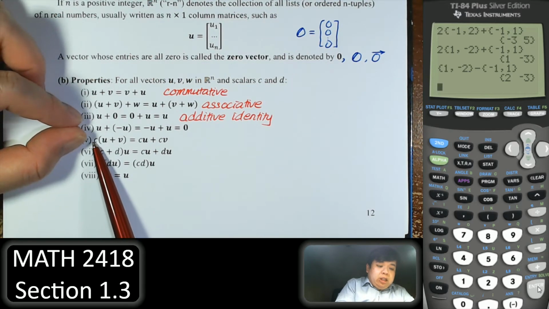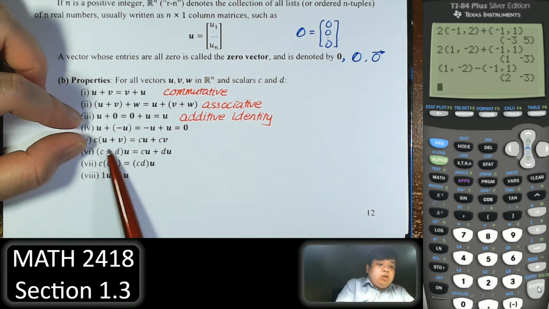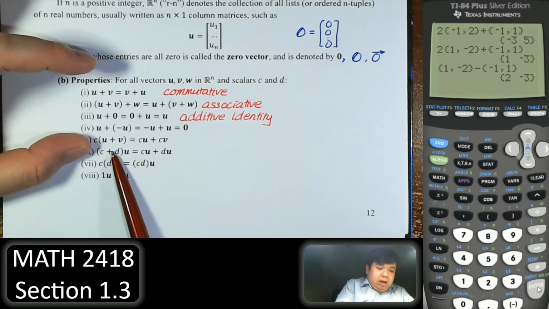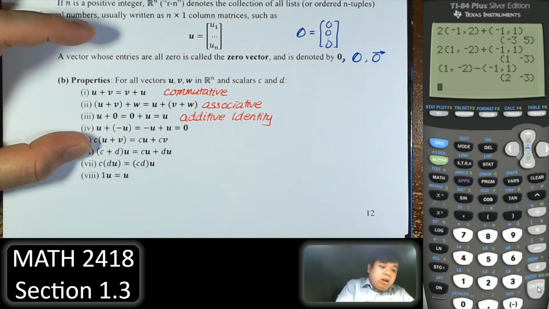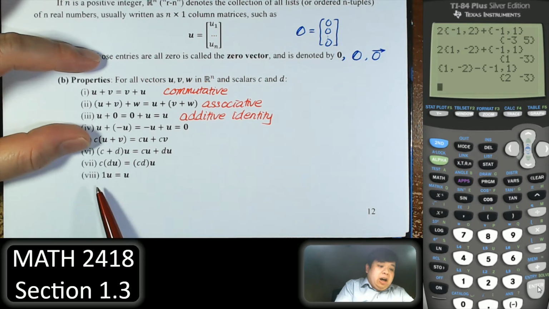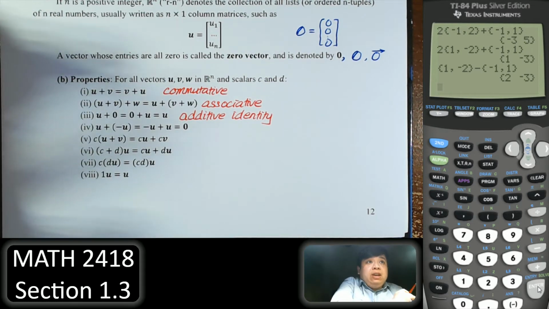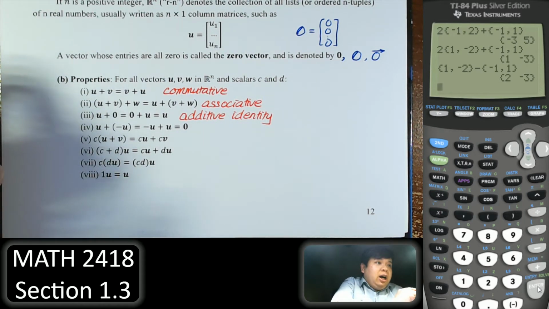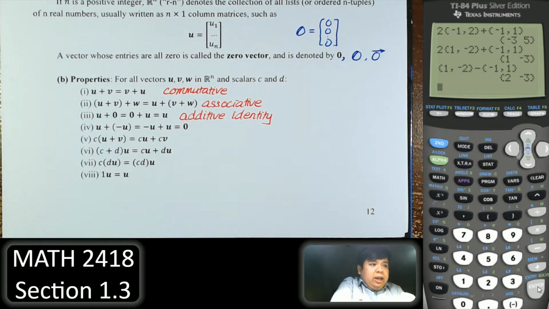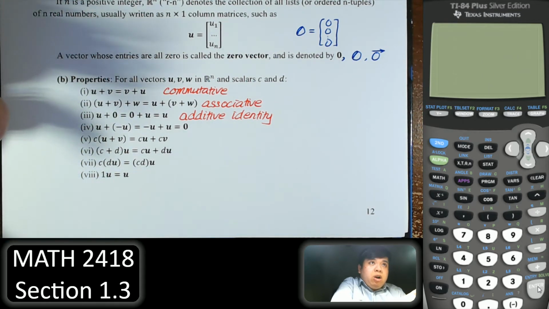Distributive: the constant into a sum, and the vector into a sum of constants. Then scalar multiplication, and the number 1 times a vector u is equal to the vector u. Right. What we don't have here is a vector times a vector. In pre-calculus or Calc 3 we have a dot product or cross product between two vectors.